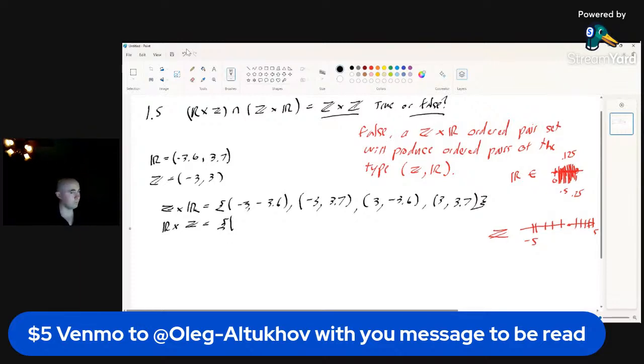Okay. So we're gonna say that now this time we're gonna take the same set. And then we are gonna again multiply. So R, in this case, is gonna be the reals, negative 3.6 times negative 3. So the order gets flipped. Negative 3.6 comma 3, comma 3.7 and negative 3, 3.7 comma 3.